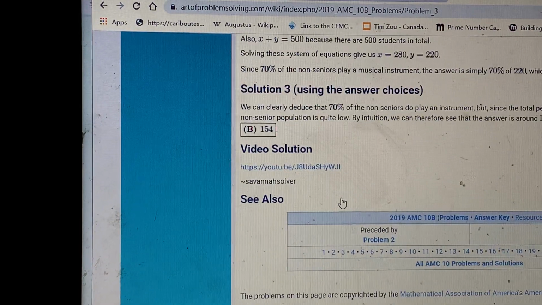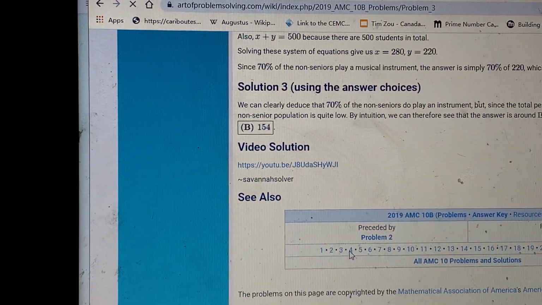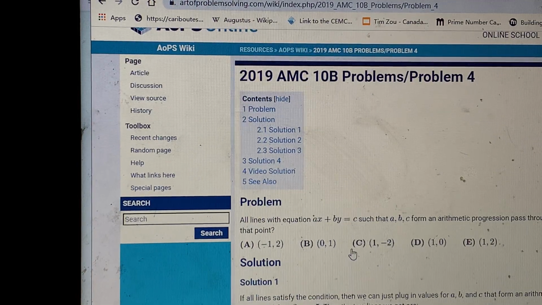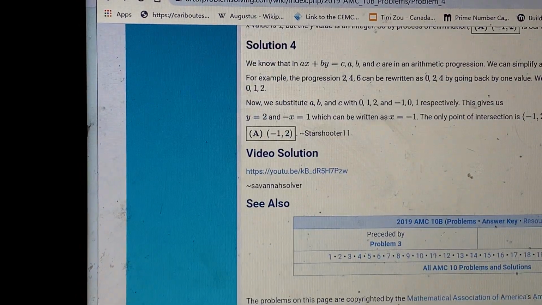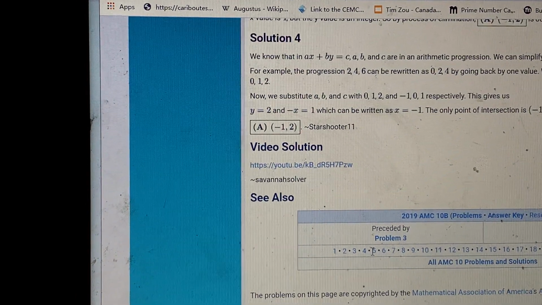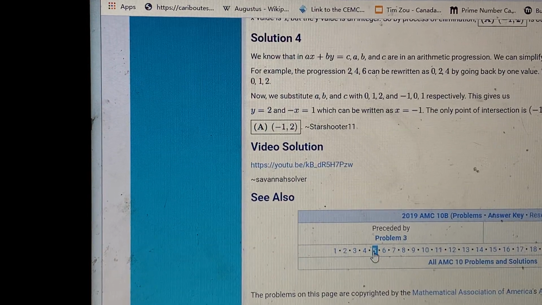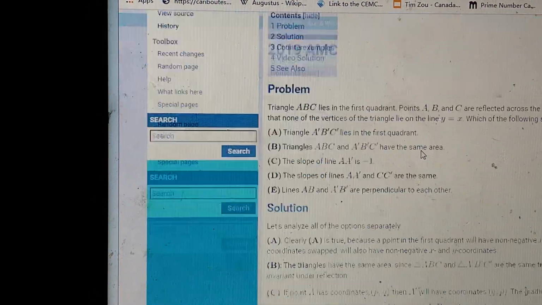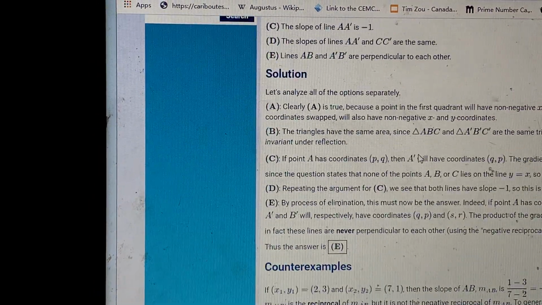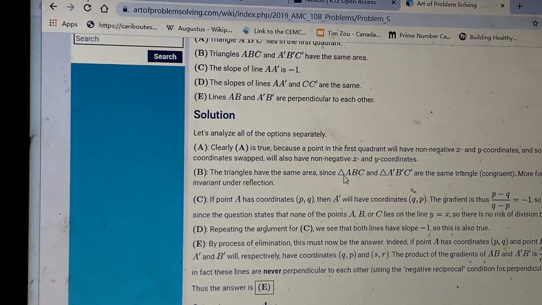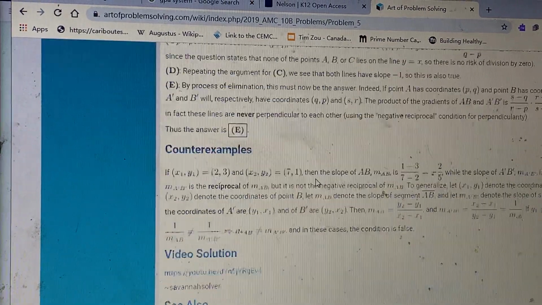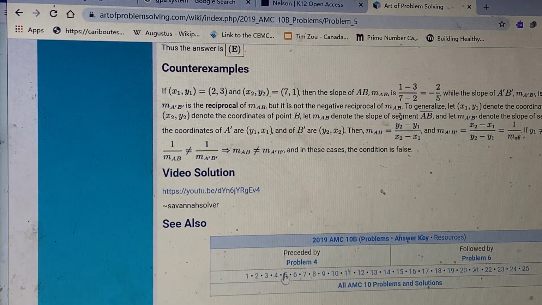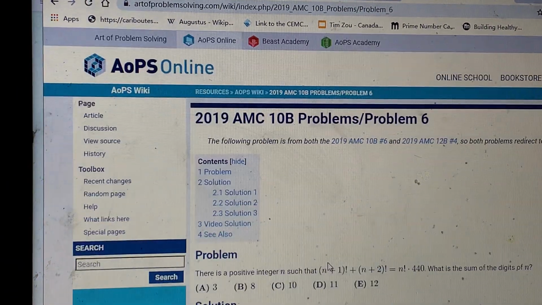I'm right. Problem 4. I am right. Problem 5. I chose C. Okay. I'm wrong at problem 5.